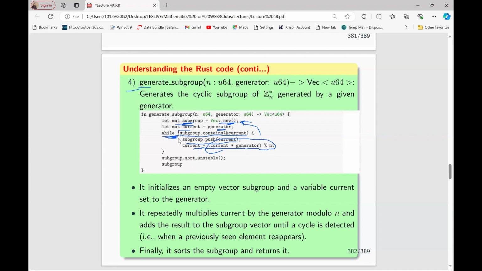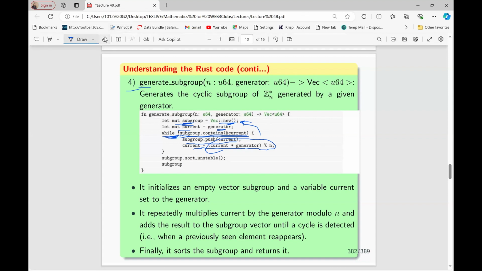While the subgroup does not contain the current. So you've calculated a new current. While the subgroup does not contain that new current, push that new current there. And when you find that the new current that you have is already there, you don't push it. You exit the loop. So that is how this part is working. Some of these symbols, if you know what they say, it becomes very easy for you to work on these codes.